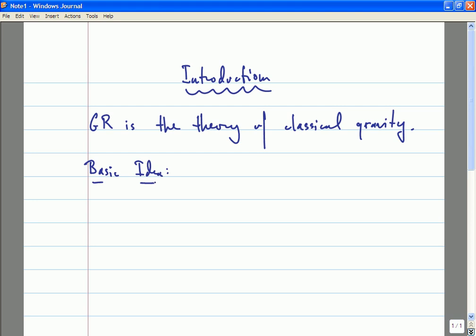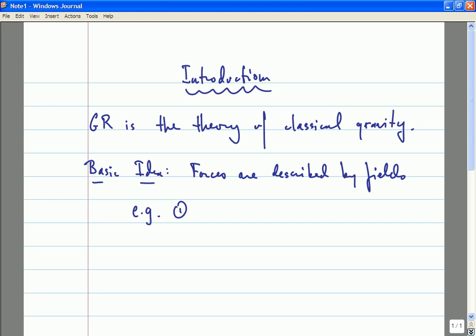So gravity is a force. It's one of the four fundamental forces of nature. And one of the things that you have learned in your lives as physicists is that forces are described by fields. So you have previously encountered two examples of forces which are described by fields.